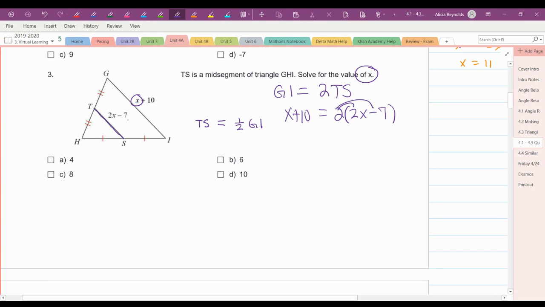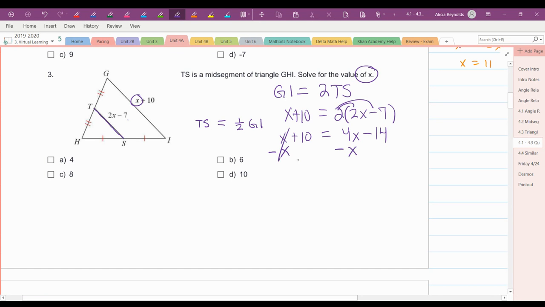So first I have to distribute, bring down x plus 10. 2 times 2 is 4. 2 times negative 7 is negative 14. Now I need to solve for x. I don't want to subtract 4x because I only have 1 on this side, and that's going to give me a negative number, which I'm just going to have to cancel at the end anyway. So let's subtract this 1.